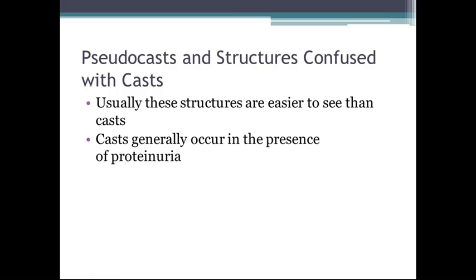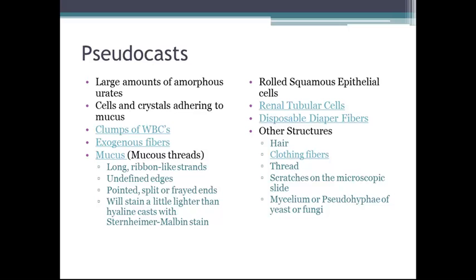Pseudocasts and structures confused with casts. Usually these structures are easier to see than casts. Casts generally occur in the presence of proteinuria, so if there's high protein in the chemical analysis, you might see casts.